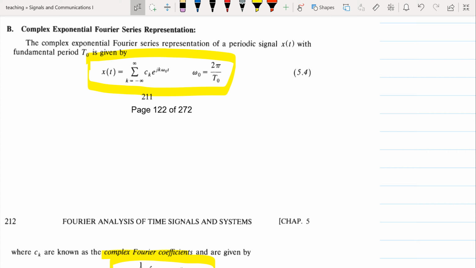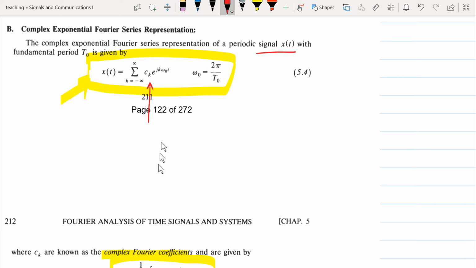We say that the complex exponential Fourier series representation of a periodic signal x(t) of fundamental period T naught is defined by equation 5.4, and this says that our periodic signal x(t) may be represented by a sum of c_k exponent of jk omega naught t, and we keep our omega naught as we defined it earlier.